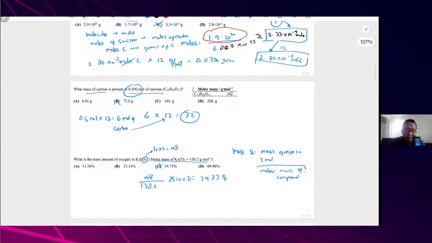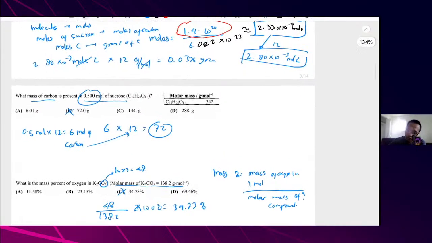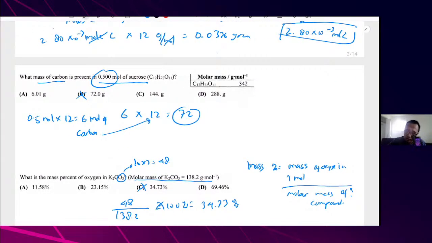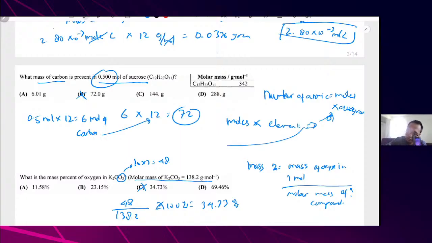I just want to recap for this question. If the question is about mass of carbon, not in percentage, we can use the equation with moles. The number of atoms is moles times Avogadro's number. And same thing, if we already have the moles, just times how many atoms of that element are in the formula.